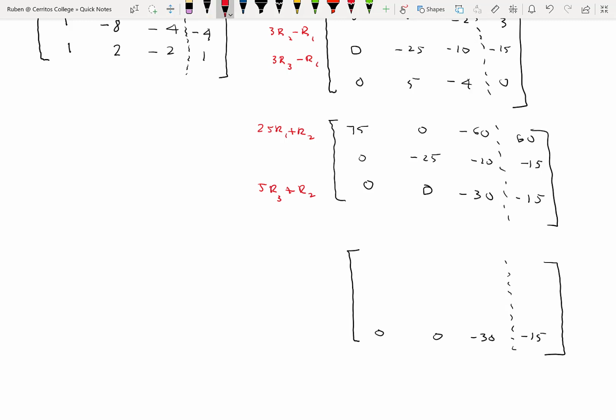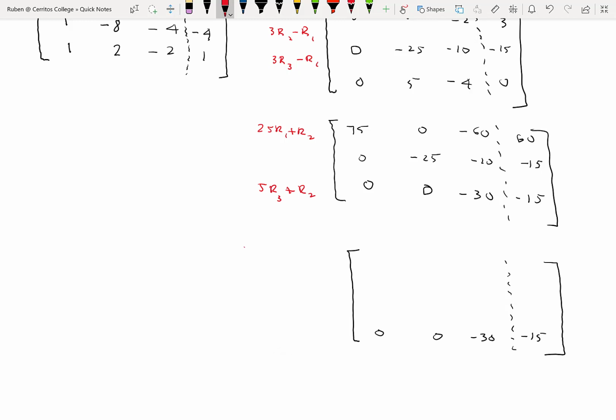So the elementary row operations I'm going to do, let's say on the first row. In the first row, how am I going to get that negative 60 to not be there by using row 3 to get rid of it?